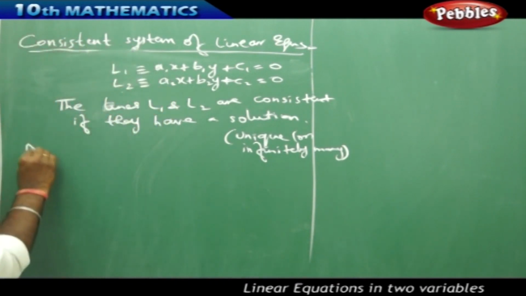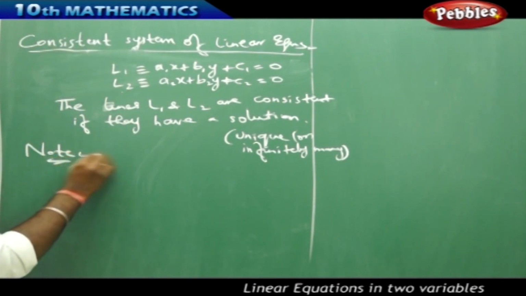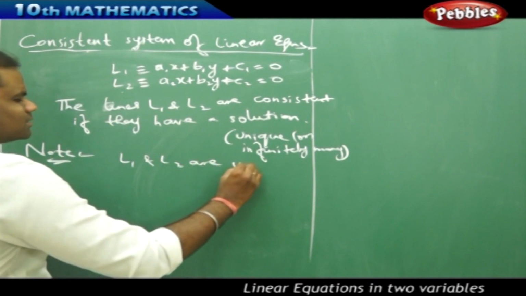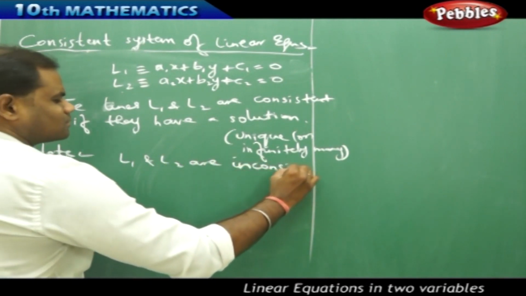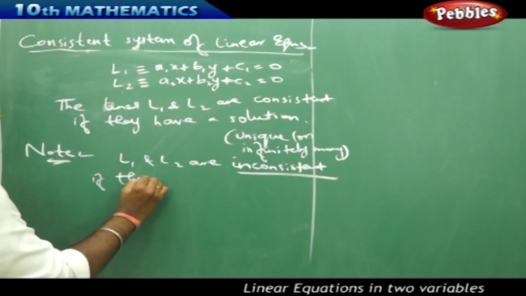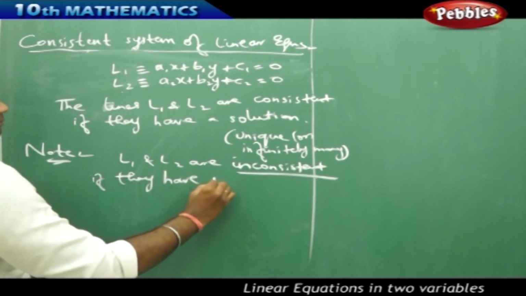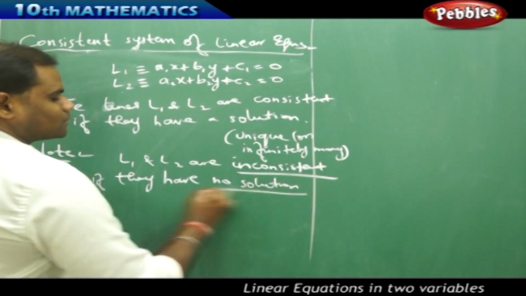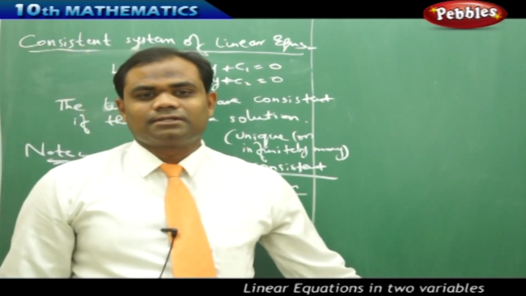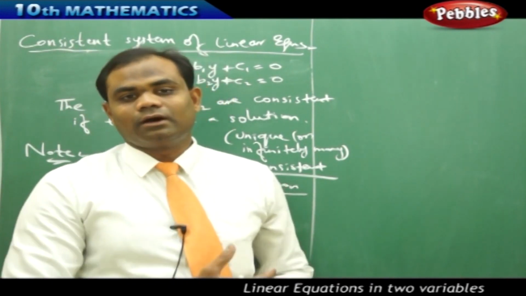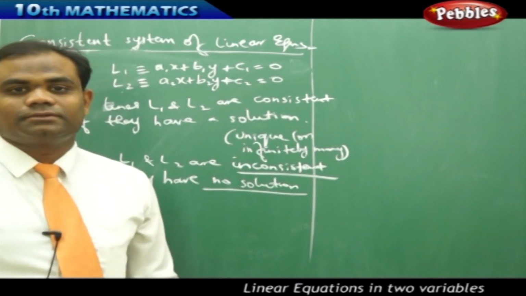So we get the note: L1 and L2 are inconsistent if they have no solution. No solution, inconsistent. Solution, consistent, is how we make the learning outcome of this session.